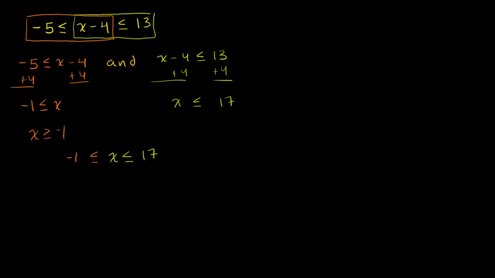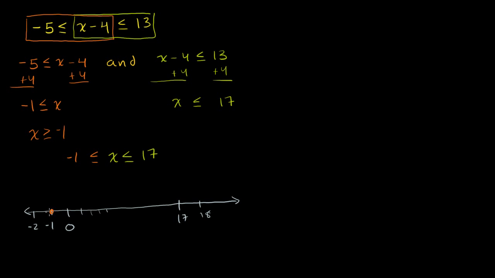So what would that look like on a number line? So that's our number line right there. Let's say that this is 17. Maybe that's 18. You keep going down. Maybe this is 0. I'm obviously skipping a bunch of stuff in between. Then we would have a -1 right there, maybe a -2. So x is greater than or equal to -1.